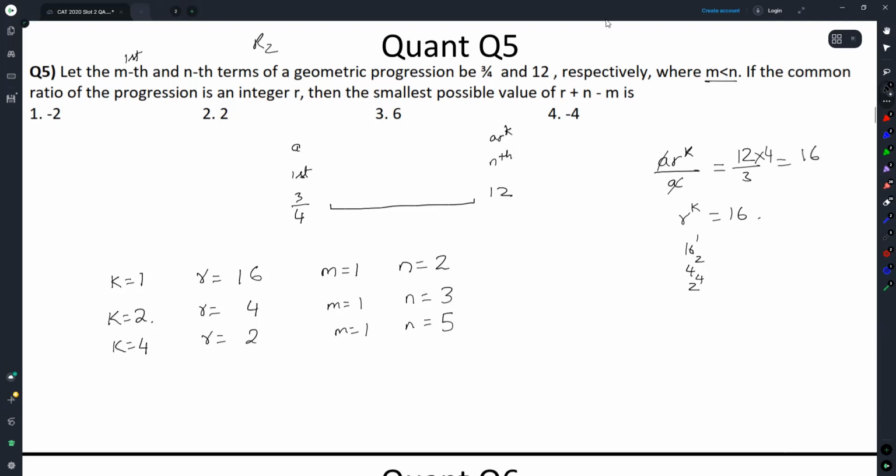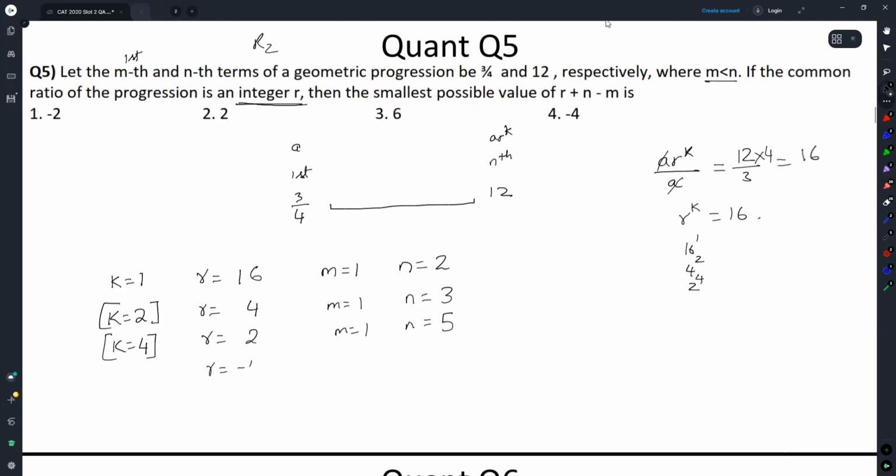5. But the interesting thing that you should pay attention to is, because this is an integer r, nobody said it had to necessarily be a positive integer. It can be a negative integer also. Given that it can also be a negative integer, whenever the power is even, r could be positive and negative both.